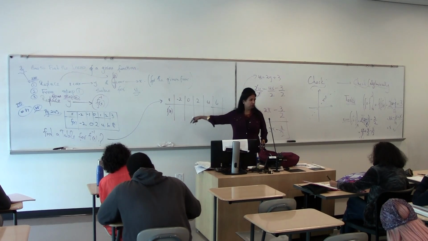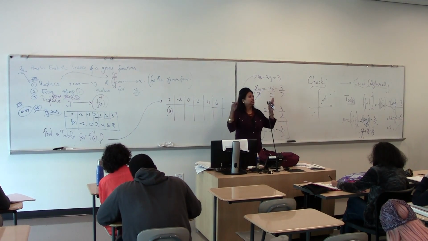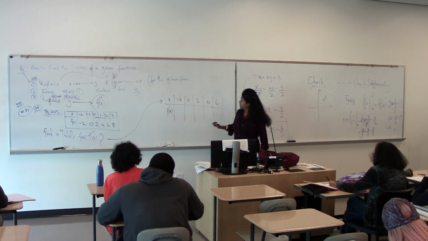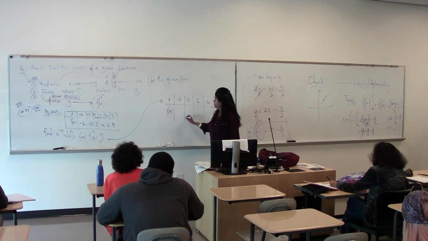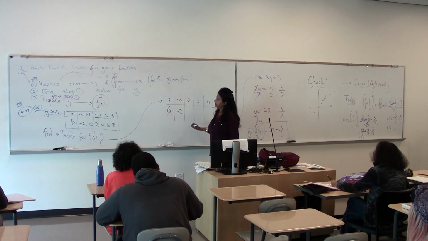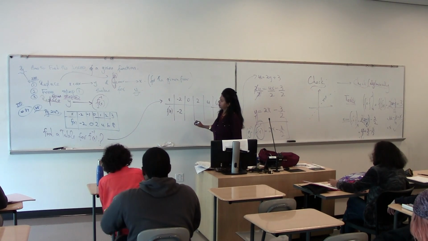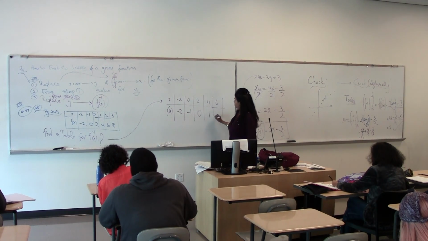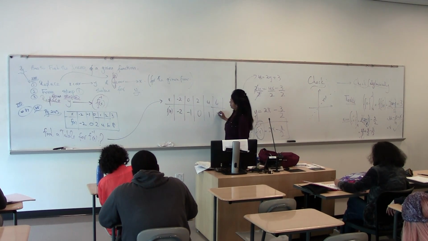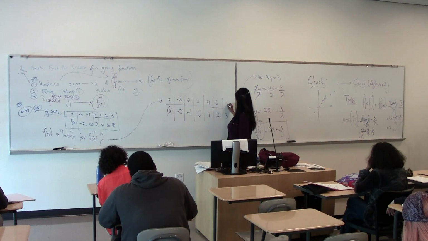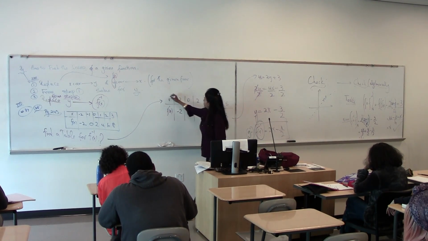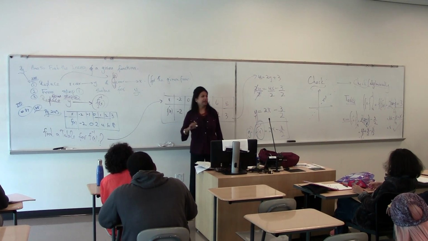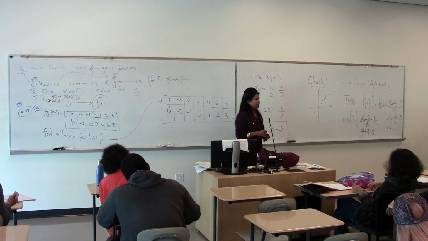If it's given in terms of a table, or if it's given in terms of ordered pairs, it's still just switch. That's it. Very easy. But you have to understand the whole story behind it.